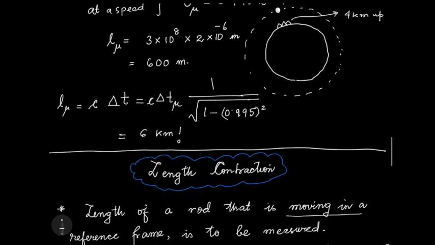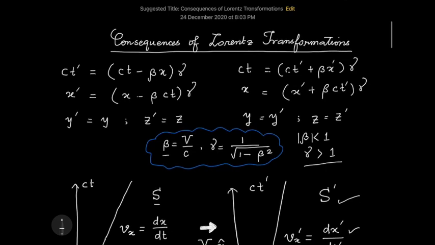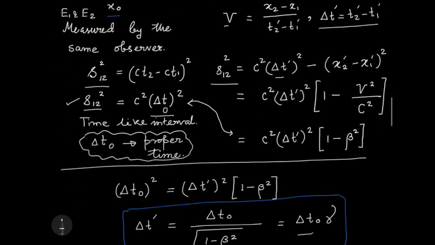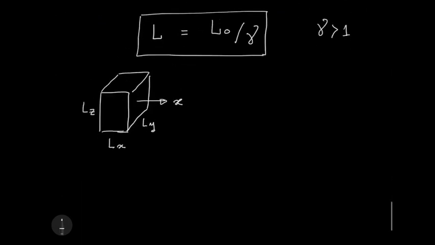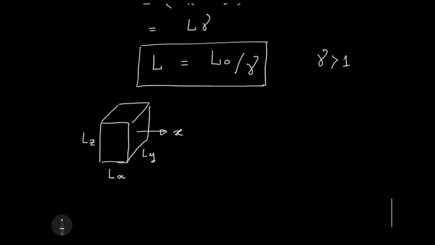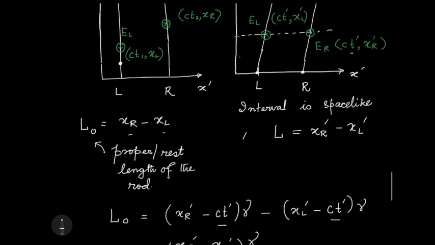Ly and Lz will not change, simply because if you look at the Lorentz transformation relations, y and z remain the same. So there will be no length contraction along y and z, but along Lx there will be a length contraction if the velocity is along x. Or better to say, there will be a contraction along the direction of motion of the object. And this also means that the mass density of the object will change. You can think about it.